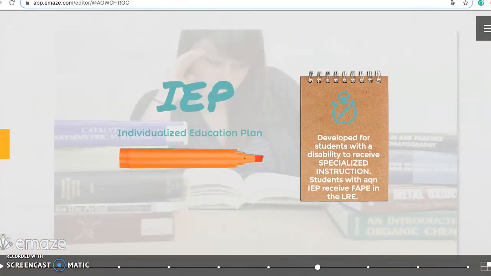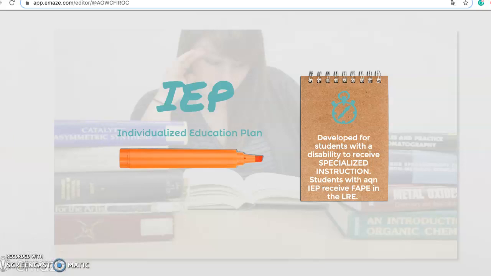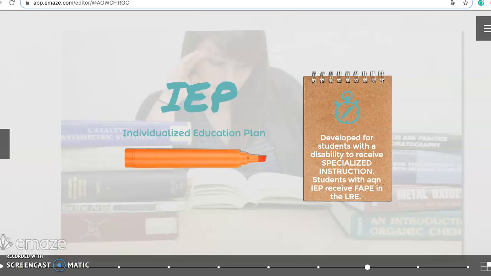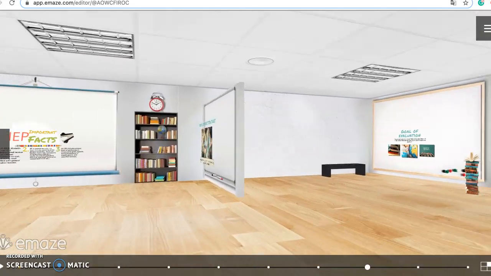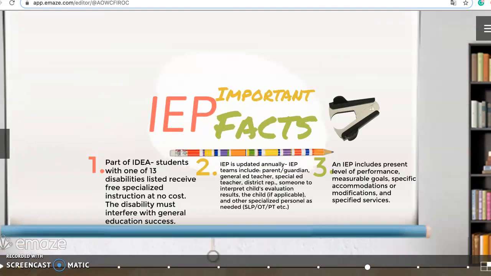The next thing we'll talk about is the IEP, or the Individualized Education Plan. This is developed for students with a disability to receive specialized instruction. Students with an IEP receive fair, appropriate public education in the least restrictive environment. Of the 3 support structures we talk about today, the IEP has the most specificity to it.